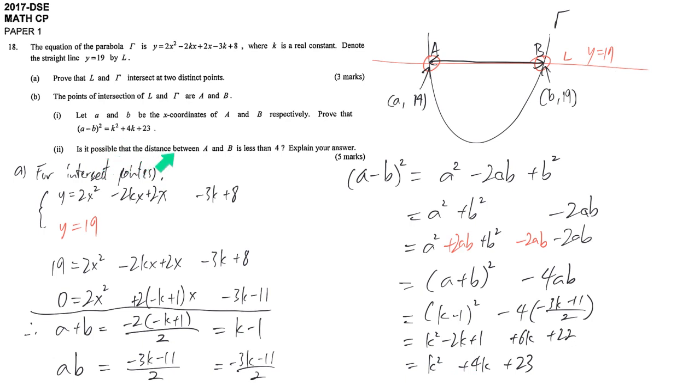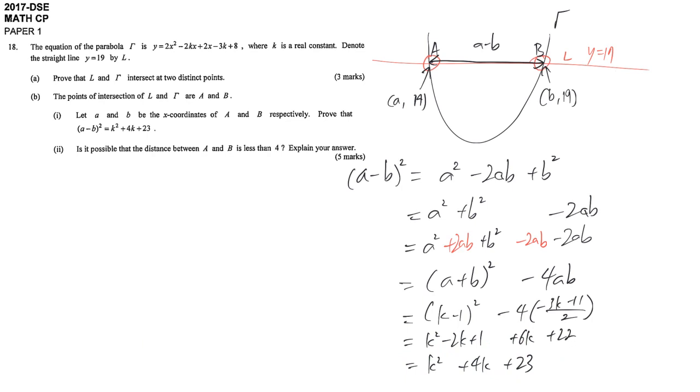Part C is about the distance between A and B. Is that less than 4? So just like what we have mentioned, alpha minus beta implies the distance. So why they need you to write down (alpha minus beta) squared is because this is related to our distance. Again, we need to compare with 4.